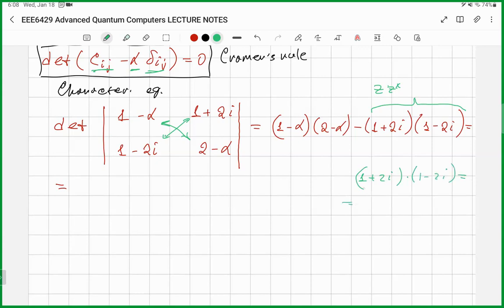So it is 1 squared plus 2 squared, which is 4, equals 5.